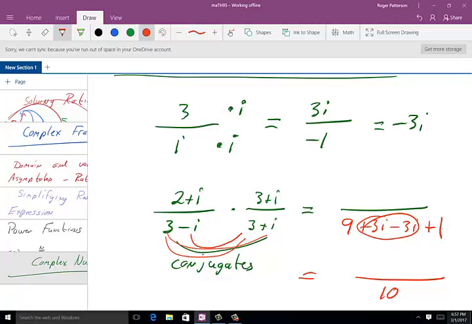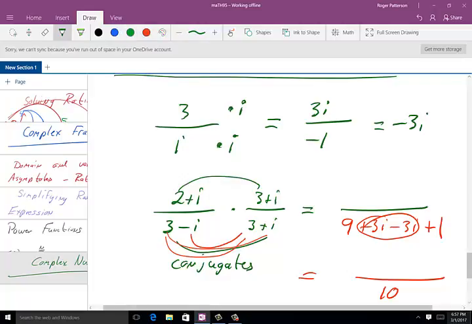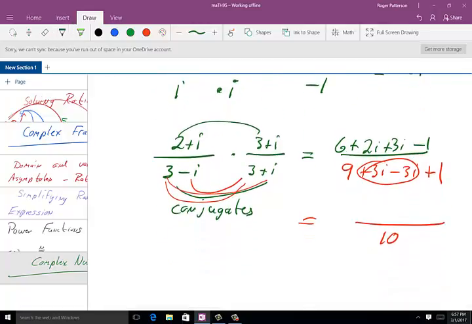The top doesn't matter. We can just work on that. So let's just work on the top. So what are we going to get on the top here? 6 plus 2i plus 3i plus i squared. But that is really just -1. So what are we going to get on the top as a final answer here?